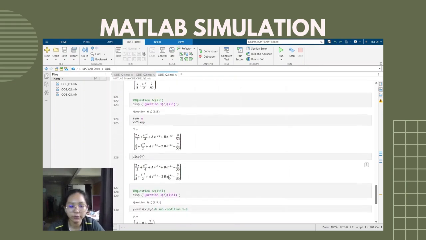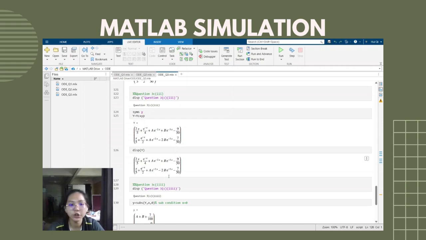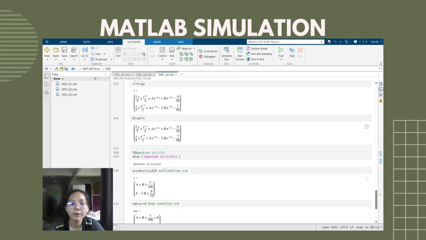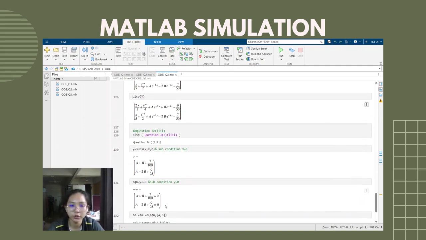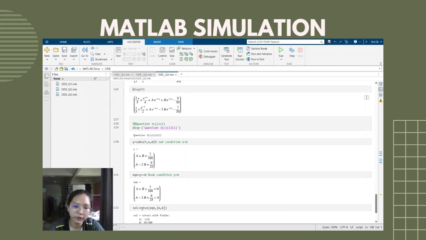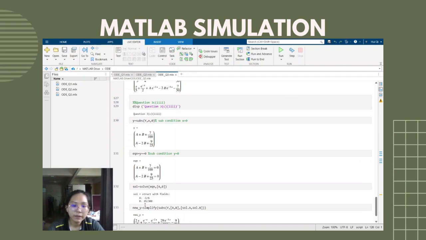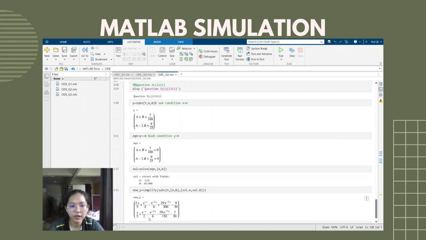So 3C4 gives us the condition to find the values of a and b. So we substitute the first condition y equals to 0 and continue with the second condition y equals to 0 to solve for the values of a and b, and we get the answer. And we sub in the values of a and b into our y equation and simplify it to get the simplest solution of our question.